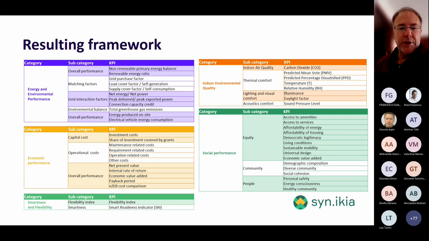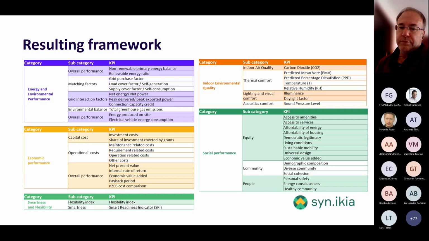A set of indicators related with energy flexibility and smartness, also based on already available methodologies such as the smart readiness indicator produced by the EU. And some other aspects related with indoor environmental quality. We need neighborhoods, but also neighborhoods with a high quality of life and indoor environmental quality in our buildings and in the neighborhoods.